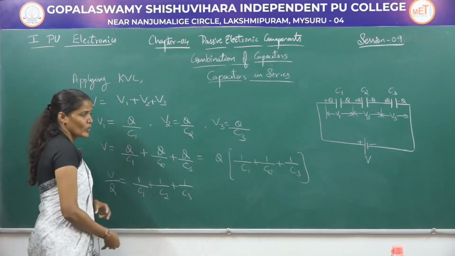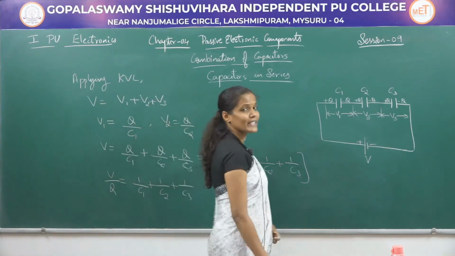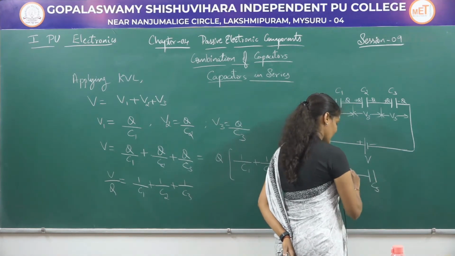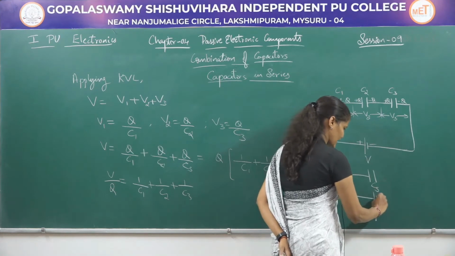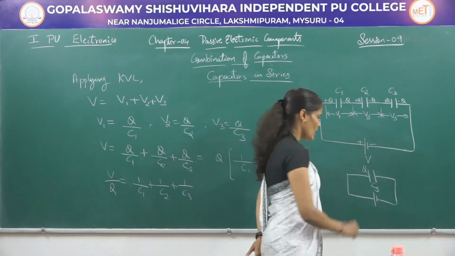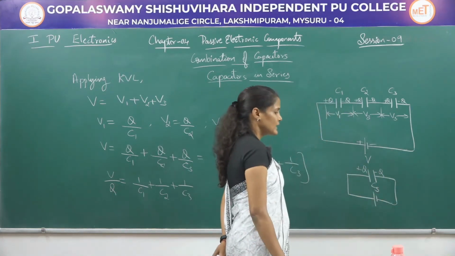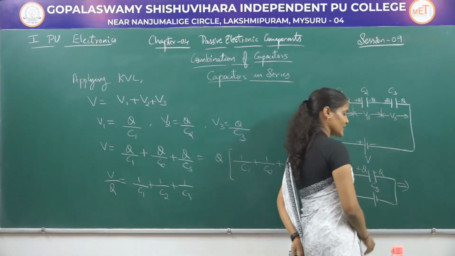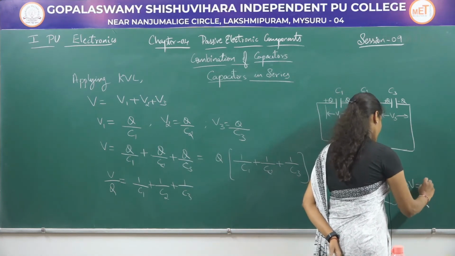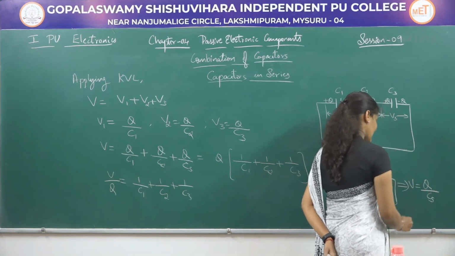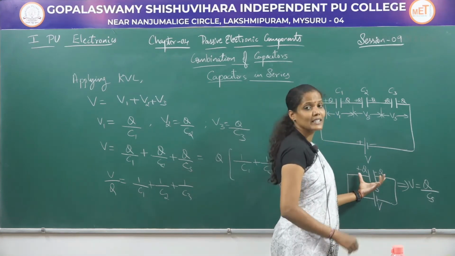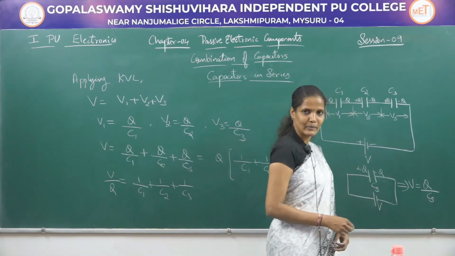But when I replace these three capacitors with one single capacitor which is having a capacitance value of Cs, and when that is connected to the same potential V and the charge on this capacitor is the same, that is Q, plus Q and minus Q, then the relationship between the voltage and capacitance can be denoted by this formula, V is equal to Q divided by Cs, where V is the voltage across the capacitor Cs, and Q is the charge.